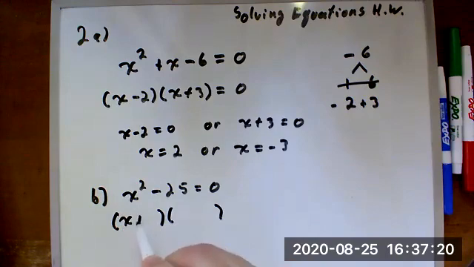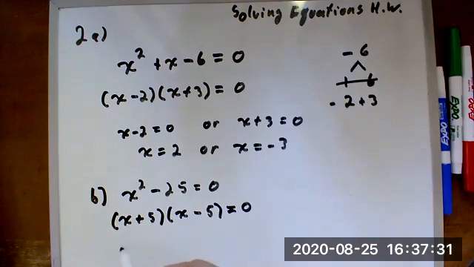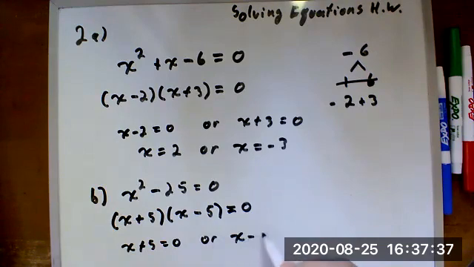It's the square roots of both terms separated by different signs. And it's still equal to 0. And because of that, we can then say that either x plus 5 equals 0 or x minus 5 equals 0, which means x equals negative 5 or x equals positive 5.